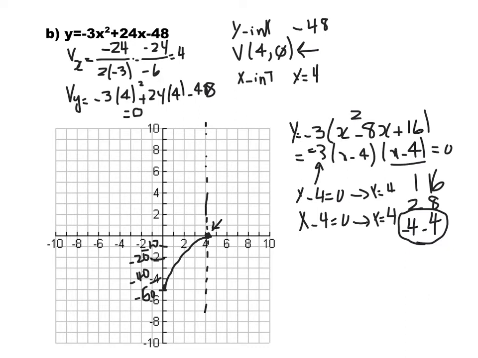This distance is going to be 4, so I have to go 4 units to the right. So I get to x equal to 8, and the y value is going to be negative 48, which is somewhere around here. So my curve to the right becomes like this. So this is going to be the graph of y equals negative 3x squared plus 24x minus 48.